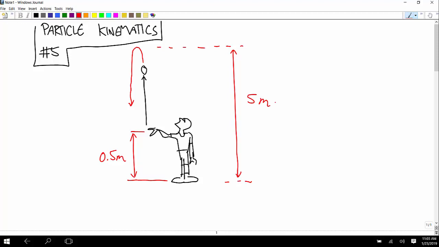When we're talking about positions, we're just talking about the position label at each instant, like 1D coordinates. It starts out with a position of 0.5, goes up to a position of 5, and then comes back to a position of 0.5 again.